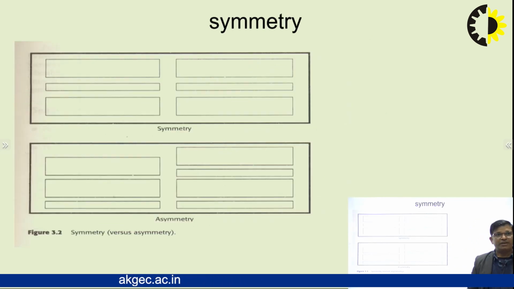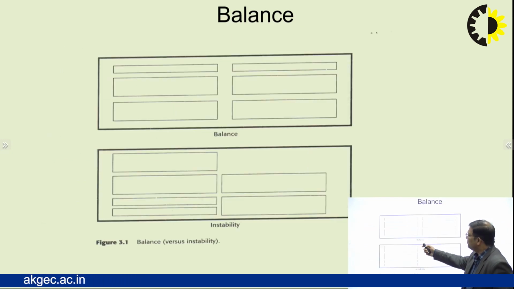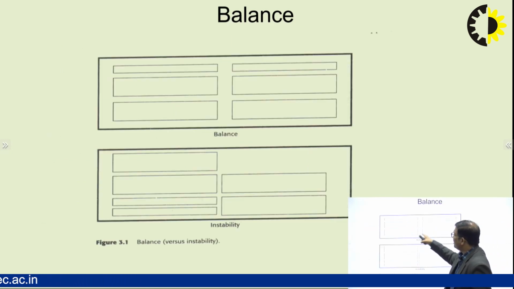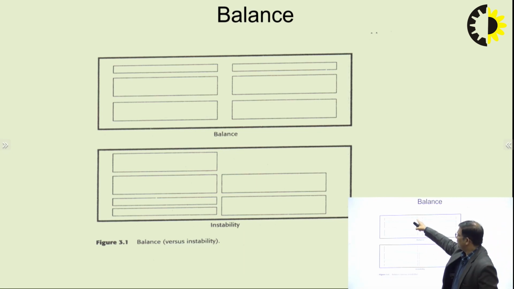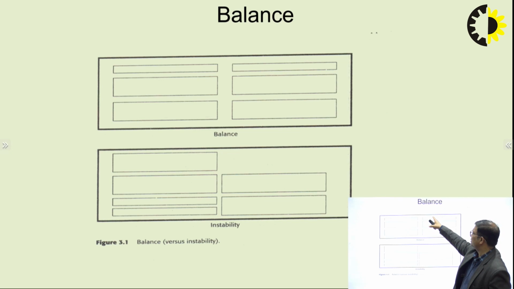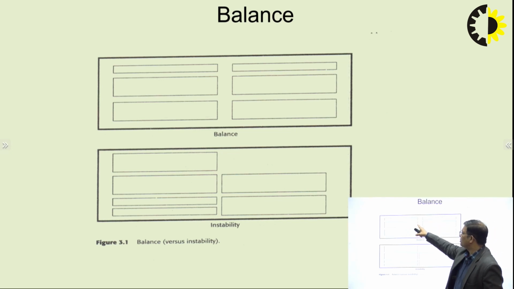Symmetry. A similar example for symmetry is this. If we are talking about this, this is balance, and also symmetry. Symmetry means that there is a text box whose width is very small, there is another text box whose width is small, and there is a box whose width is quite a bit larger than the previous one, and this is the same as the previous one.